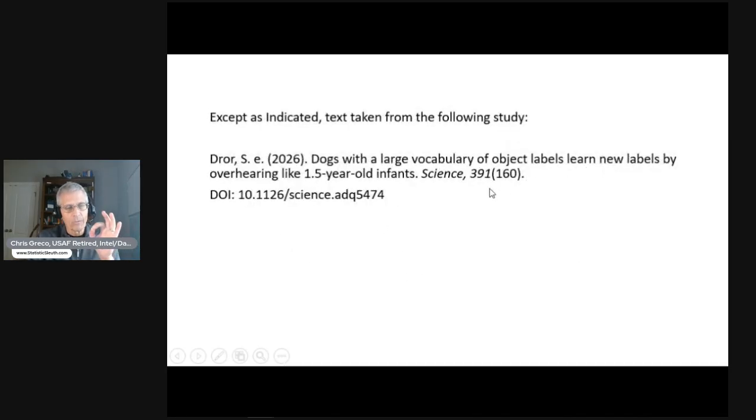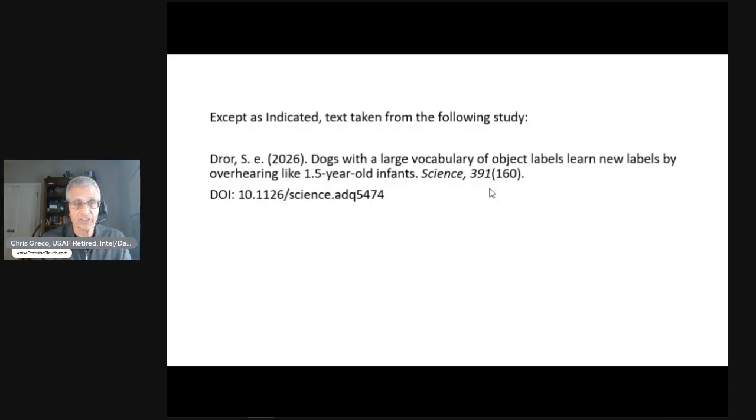By saying this, dogs with a large vocabulary of object labels, the way the media came out, and I'll put some media shots here at the end, the way that they addressed it was dogs, period, like any type of dog. Well, that is just not true. And it's a misrepresentation of the study.